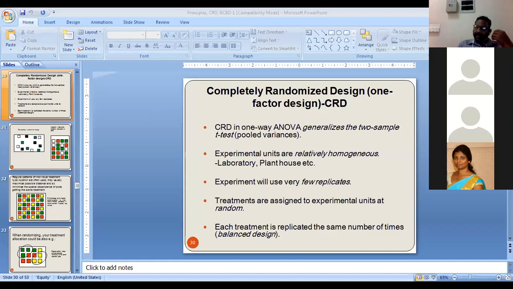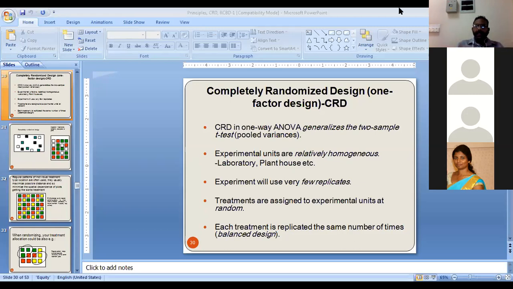Conventional means that is the lower level of design. We are going to talk about the advanced designs later on. This is like a foundation for all the designs, right? Complete randomized design is actually an expansion of the pooled t-test.